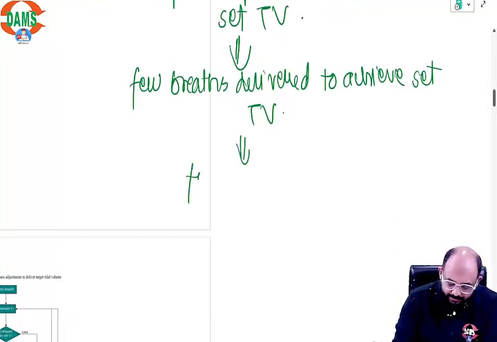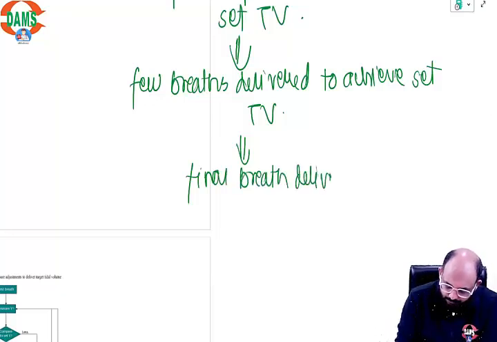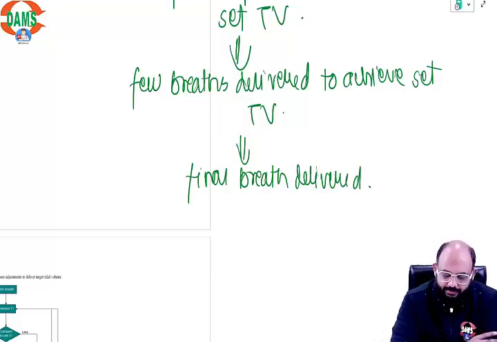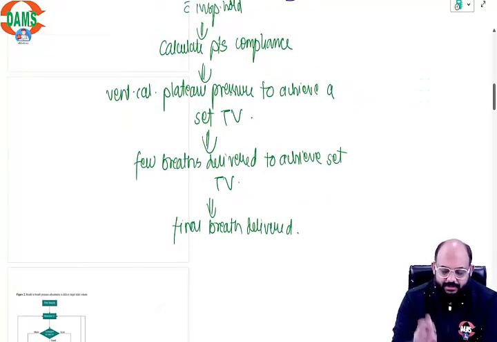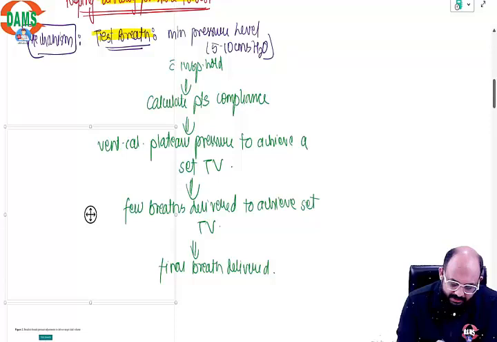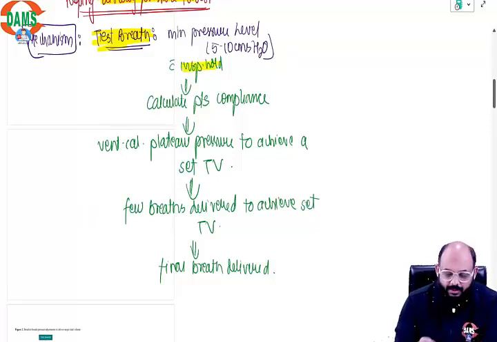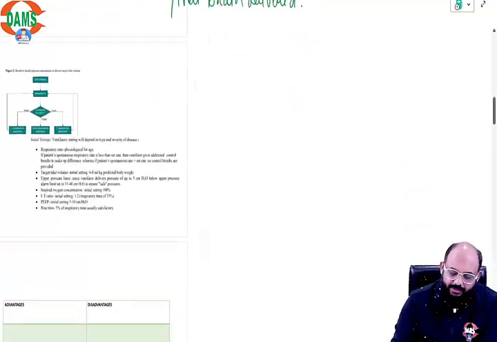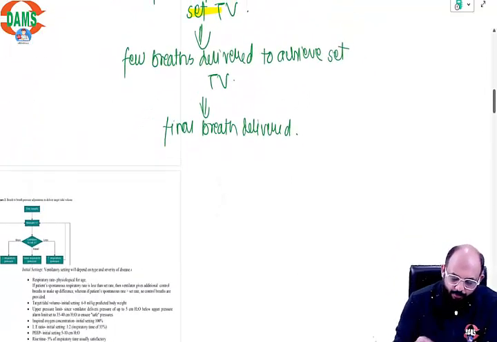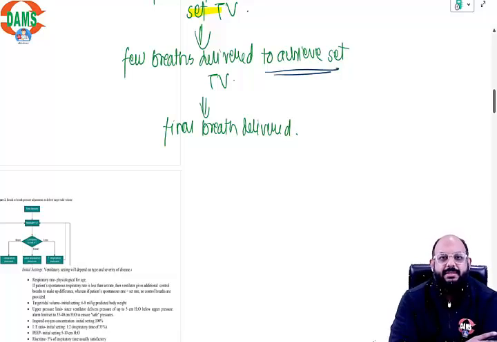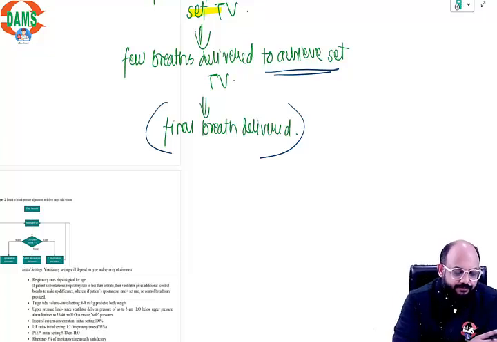And then the final breath will be delivered. So that is how it works. It starts with a test breath, which is a very small breath with an inspiratory hold. This calculates the compliance. Based on that, there will be calculation of the plateau pressure that will be required to achieve the set tidal volume. Then again, the ventilator delivers a few breaths to achieve the set tidal volume. And then when it finally understands the patient, it gives the final breath.